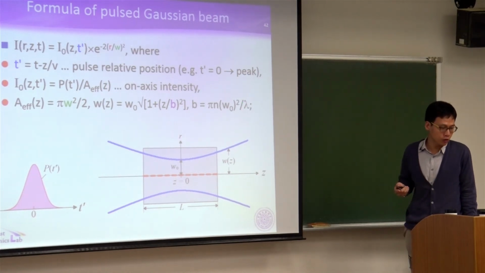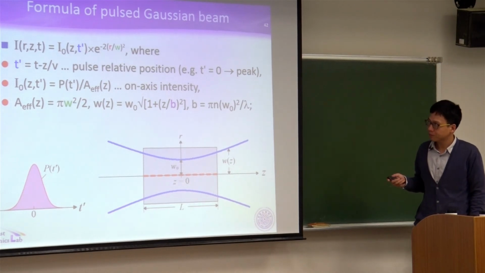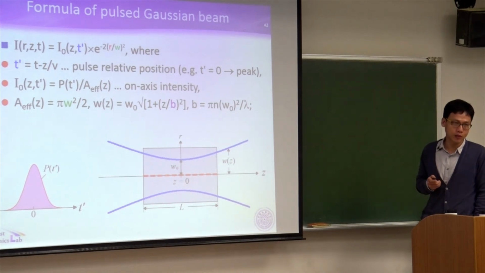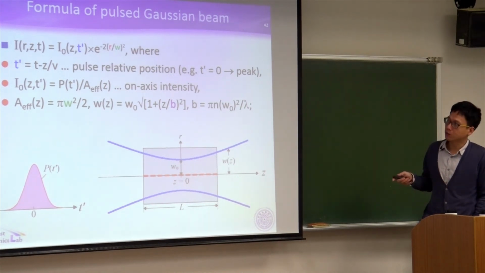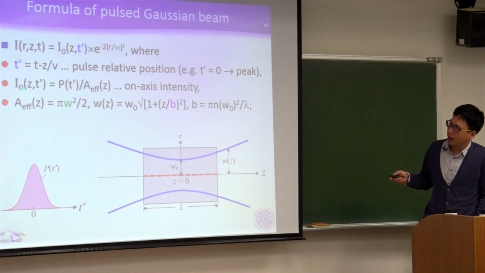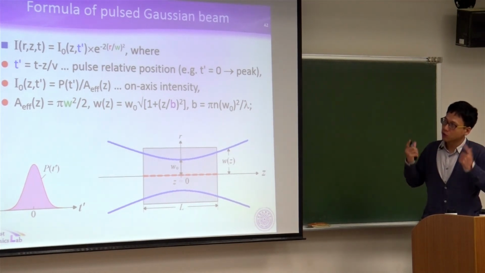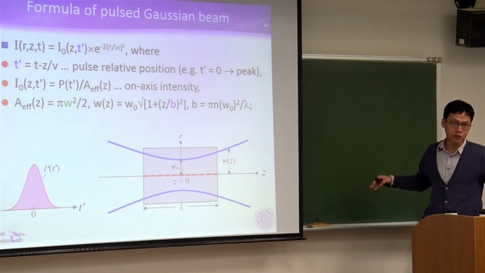So you can see the beam size is smallest when w equals w0, the waist radius at z equals 0. So your on-axis light intensity is strongest at z equals 0. When z is bigger and bigger, your beam radius is larger and larger, your cross-sectional area is bigger and bigger, so your on-axis light intensity will decrease with z.